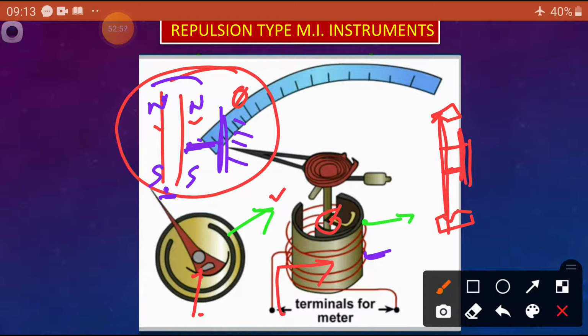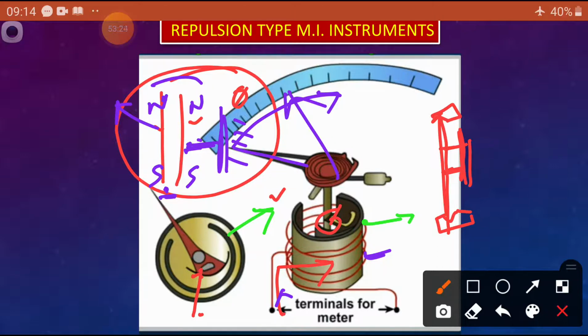Due to the repulsion force, the iron piece attached to the spindle will move. Once the spindle moves, our pointer also moves on the calibrated scale. If the current is more, the repulsion force is more, and the movement of the pointer is more.